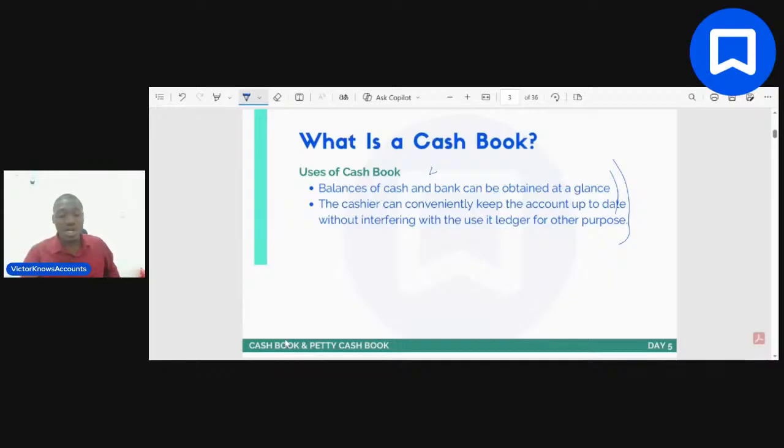The balance on the cash book at that point in time is the amount that you're supposed to have in your cash till. Now, if it does not balance, then of course there is a problem that you have to look into. But normally, so far as you pass every cash transaction through your cash book, then the balance of cash and bank can be obtained at a glance, even without having to count physical money or physical cash.